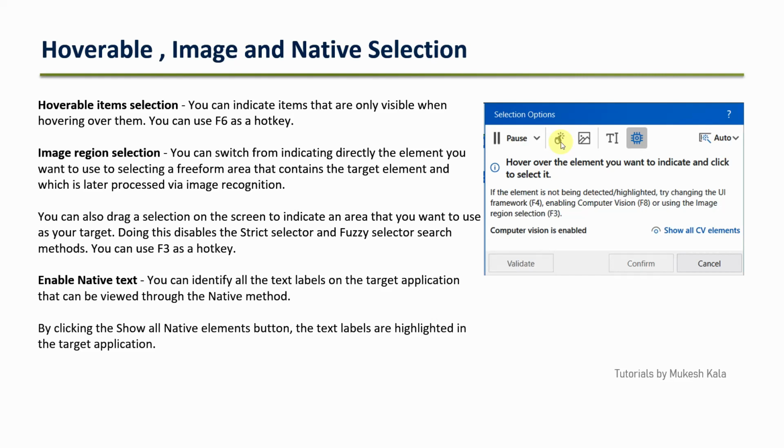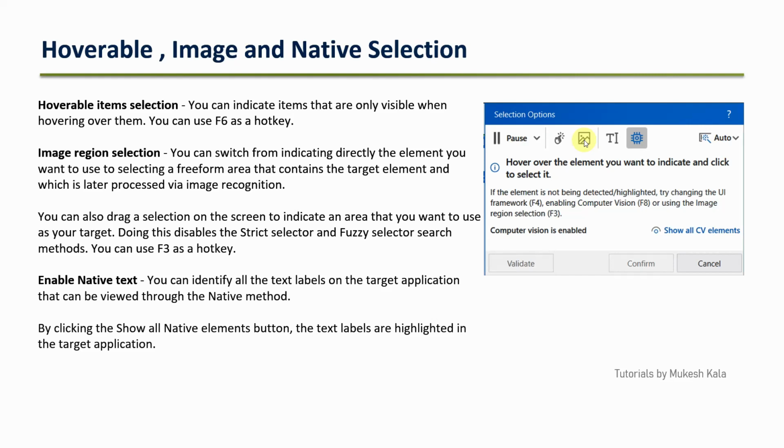Sometimes we have to switch from indicating the element to indicating an area. Let's say I'm writing an automation where I want to do some automation, but instead of the selector, I want to do it with the help of an image. So if you see here, just after the hover, we have something which is called this photo kind of something, which means that this is nothing but an image region selection. You can drag a selection on the screen, indicate the area you want to target, right?